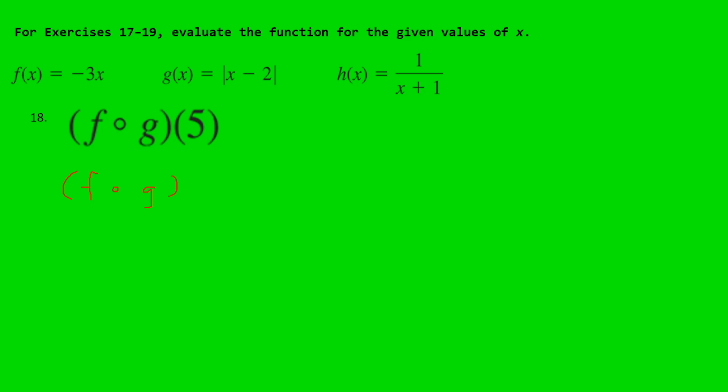There's another method that we'll save for number 19. F composed with g of x equals -3 times the absolute value of x minus 2 by number 17.